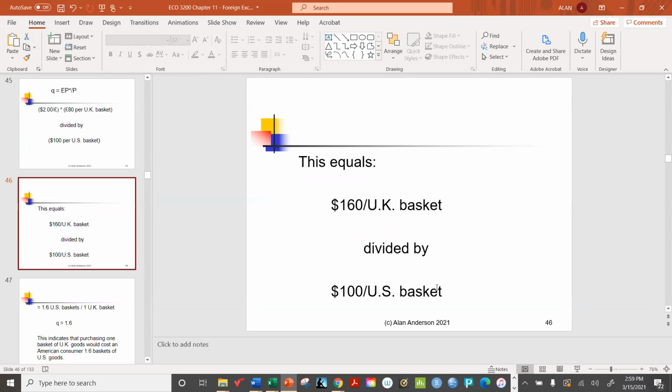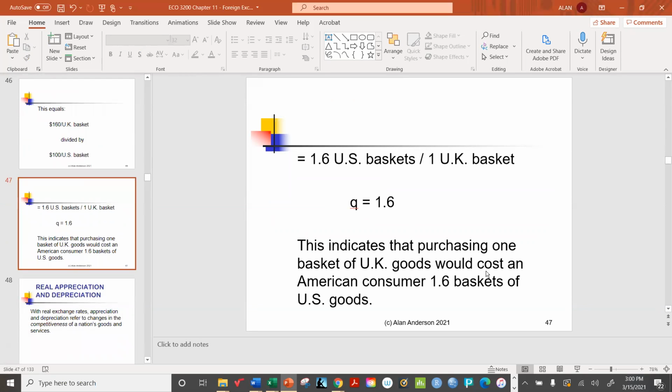And of course, the US basket at home costs $100. So if you divide these out, you'll wind up with 1.6 US baskets required to buy one UK basket, or the real exchange rate is simply 1.6.